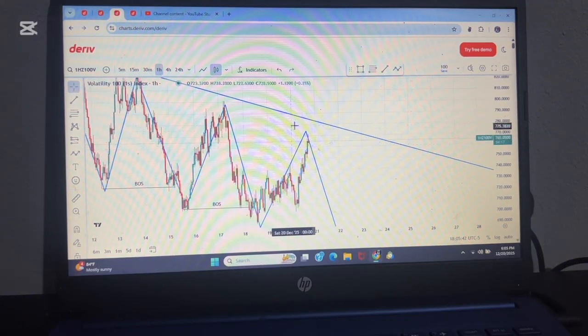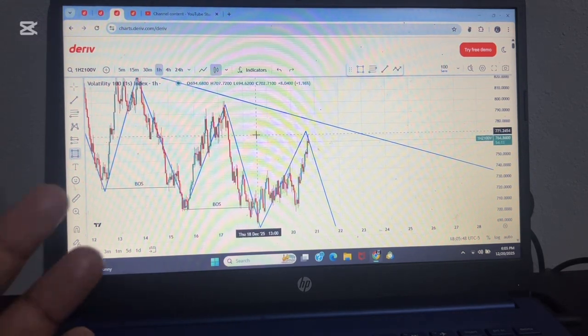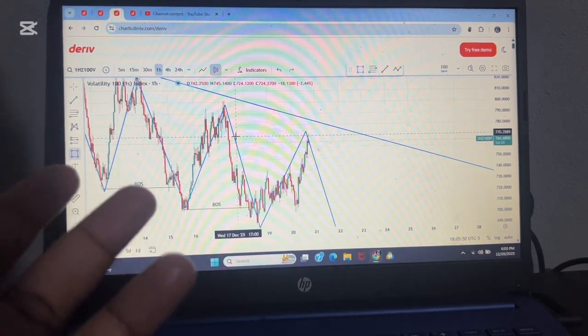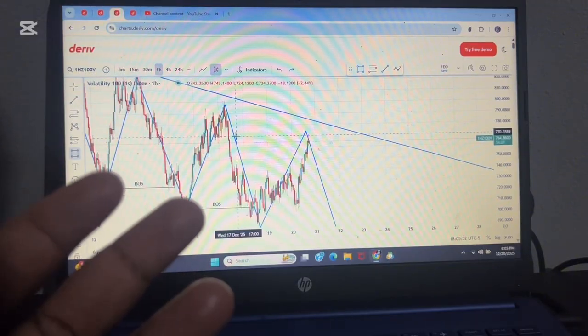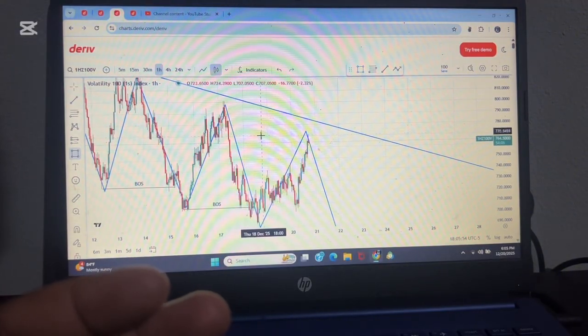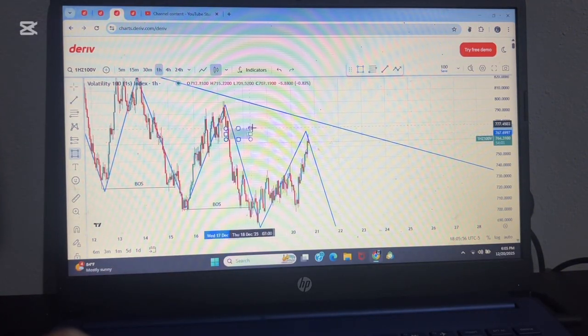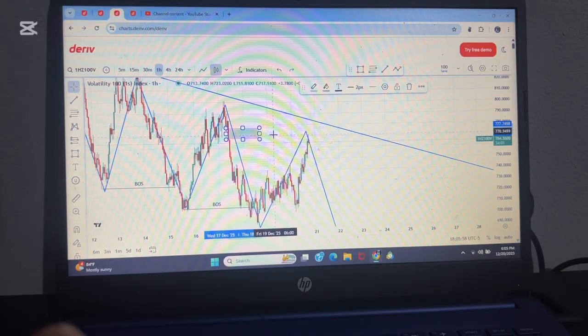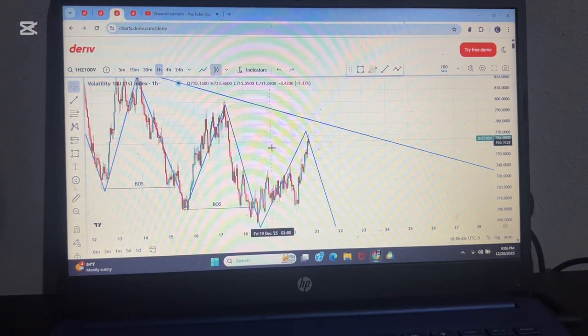So what you do is you look for the last opposite candle before the break of structure. You can use the opposite or you can use the same color. You can use either a bearish or bullish candle as long as it gives you a fair value gap. So as you can see, right there you get a fair value gap. We just mark out the zone with the fair value gap. So you're going to use the last opposite candle that gives you this big push.